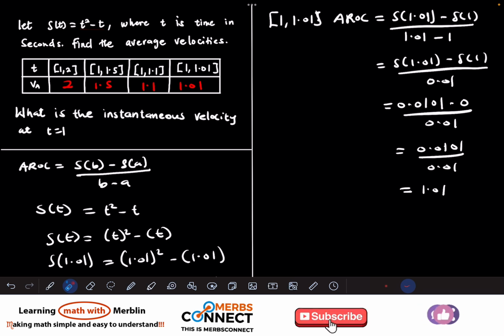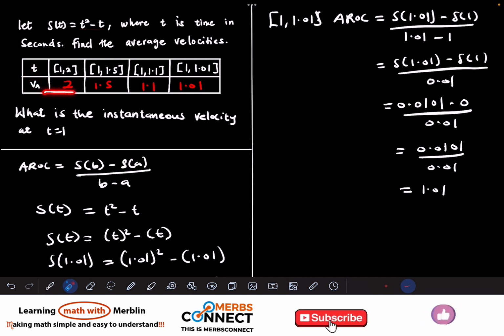Now we can see that all the initial values are all 1 1 1 1. It means that there is a change, which is h. So the more h is getting to 0, because if I have 1.01 it means that it's almost 0, the change is almost 0, then what is the average velocity approaching?